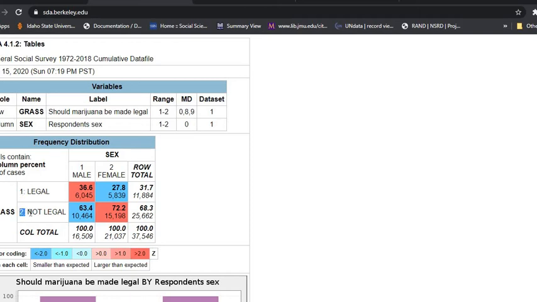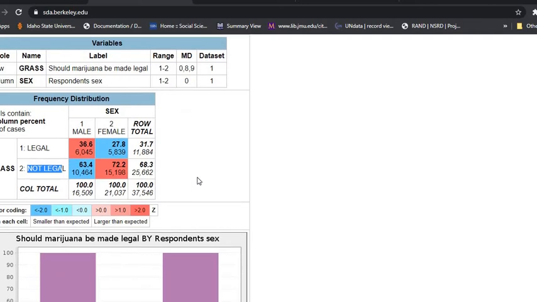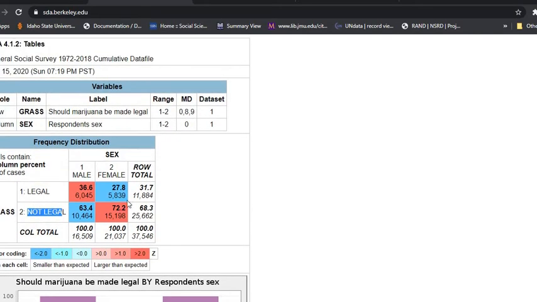If you say it shouldn't be legal. And so we see here, let me focus on just a couple other things that I didn't last time. This refers to males and females added together. So 31.7% of the entire sample, males and females lumped together, think it should be legalized.